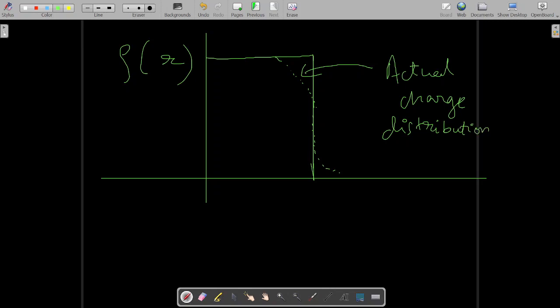And this is a step function. So what does this mean? This actual charge distribution, the dotted line, basically shows your quantum behavior.